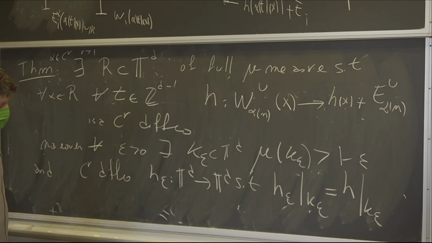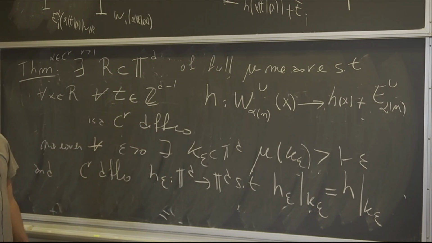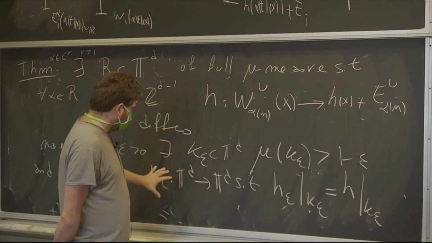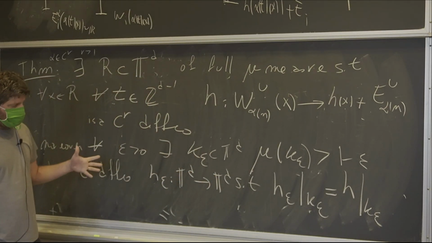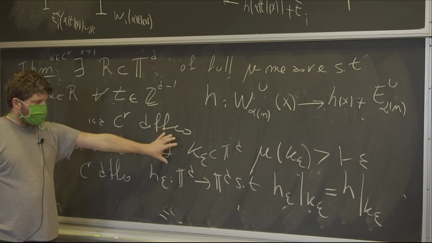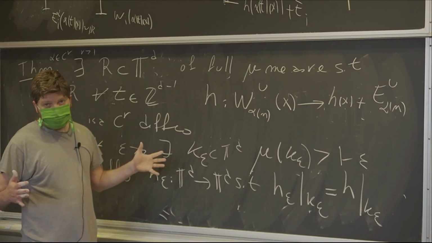So that's essentially how far you can push this up. It's mostly essentially analysis after you have what is written there. So when you restrict to the unstables, it is a smooth diffeo. Globally on the manifold, it may fail to be a diffeo, but if you restrict to a set of very large measure, then it coincides with a global diffeo.